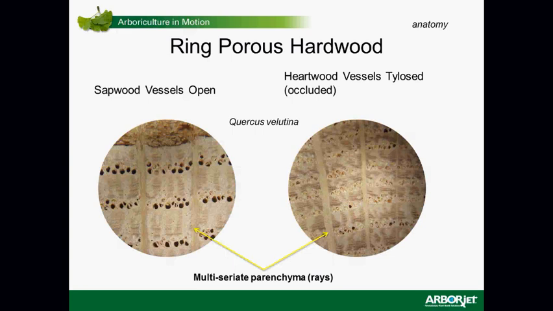And it's the reason plants in the white oak group are generally selected for whiskey and wine barrels, because they are tight because of the tylose effect. It also presents an obstacle to injection.